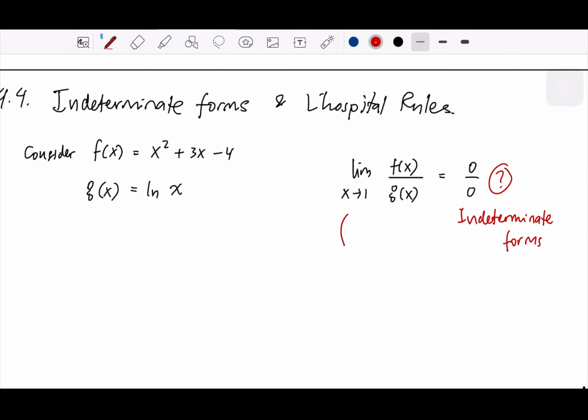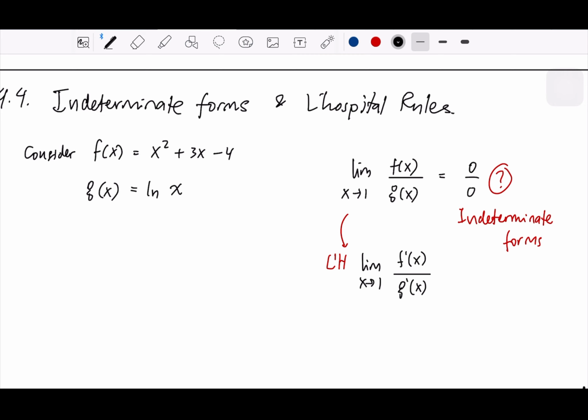L'Hopital says that whenever we have 0 over 0, we can take this limit and differentiate the numerator and the denominator. So we are going to have this, right? But how is this possible? How did this technique appear suddenly?